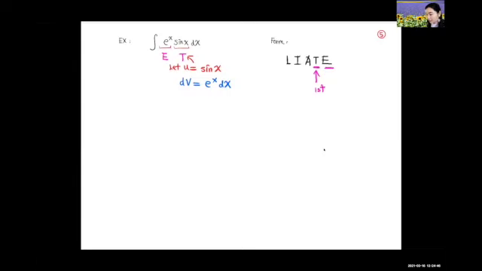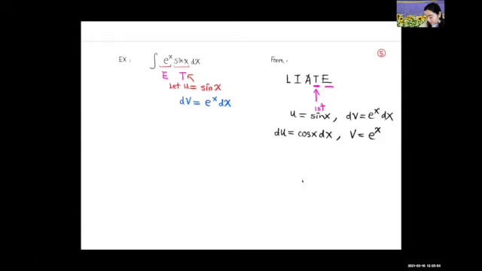Now, if I have u to be sin x and dv to be e to the x dx, let's find du and v. What will du be? Cosine x dx. Let me write it down. u is sin x, and dv is e to the x dx. So du will be cosine x dx, just differentiate. And v is integrating this, so that will be e to the x, right?